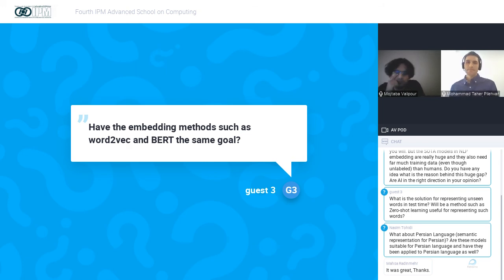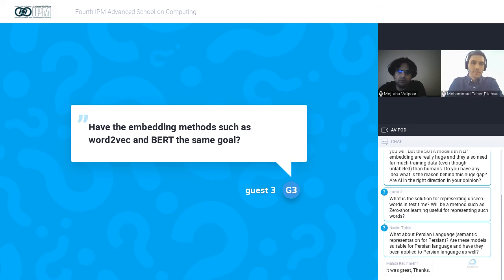So in fact, all these models are language models. And in a language model, what you're trying to do is to complete an incomplete sentence or guess a missing word in a sentence. And all these language models are doing the same task and are having the same objective, but with different formulations.